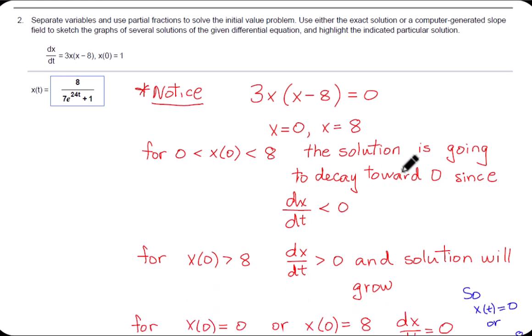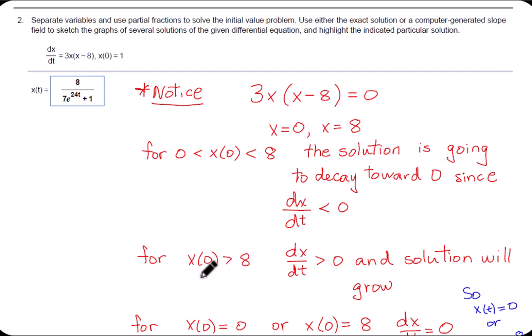All right, so similarly, looking here at question 2, I'm focused on the right-hand side. The right-hand side is 0 here. On this part, it's 0 when x is 8. So if I pick something between 0 and 8, that means this term is going to be less than 0. So the derivative is going to be negative, and so our solution should be decreasing towards 0.